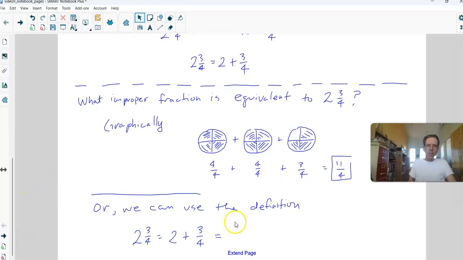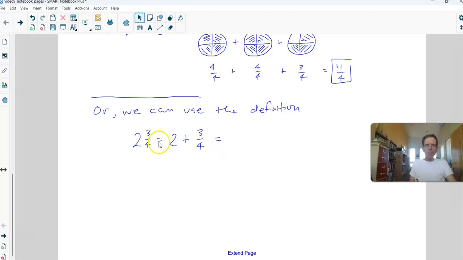Or we could just use the definition. If 2 and 3/4 is 2 plus 3/4, let's add these up. So we need to write 2 as an equivalent fraction with 4 in the denominator. First of all, 2 can be written as a fraction as 2 over 1. 1 divides into 2 2 times. Okay, then we have the plus 3/4.